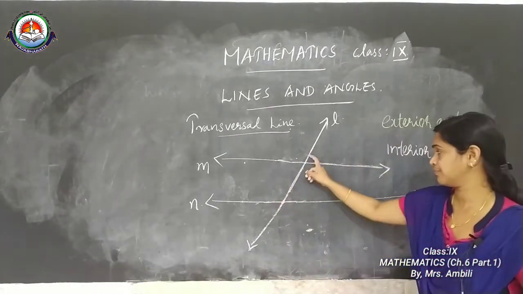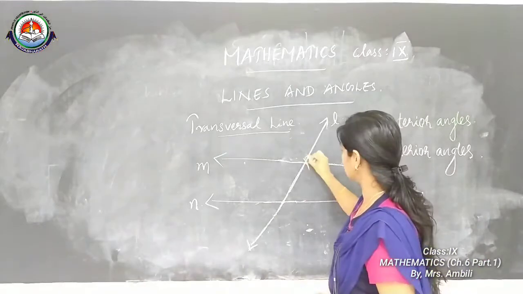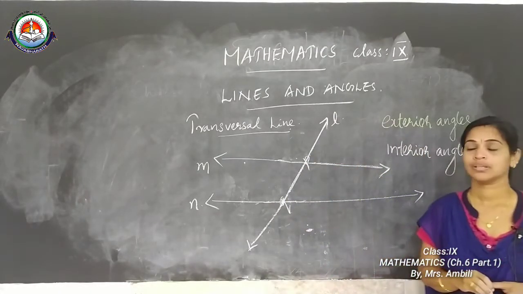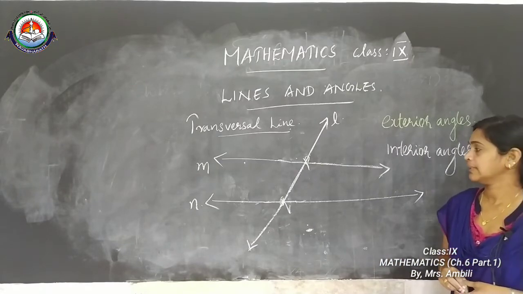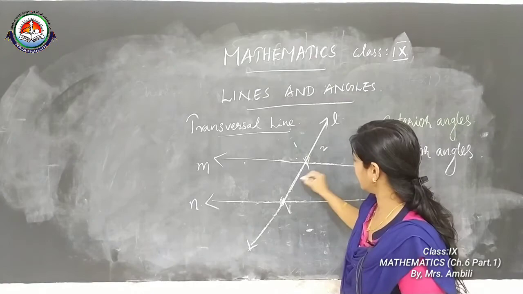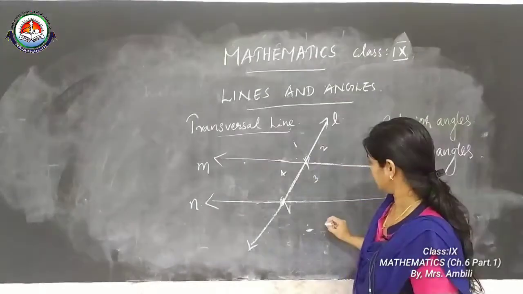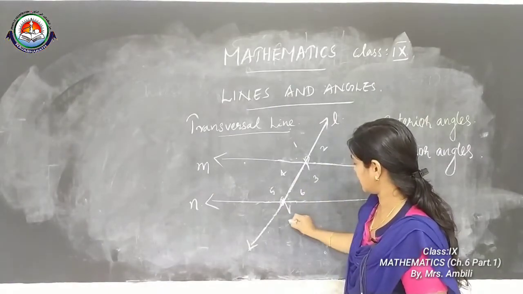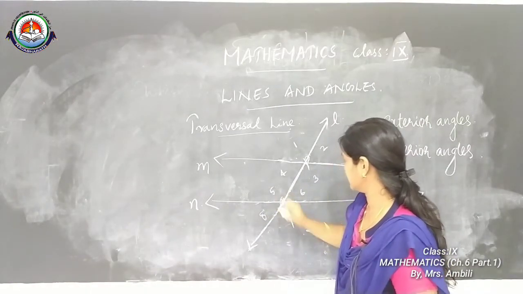So we know that here 4 and here 4 angles are there, this is P, this is Q. Then angle 1, angle 2, angle 3, angle 4, angle 5, angle 6, angle 7, angle 8.